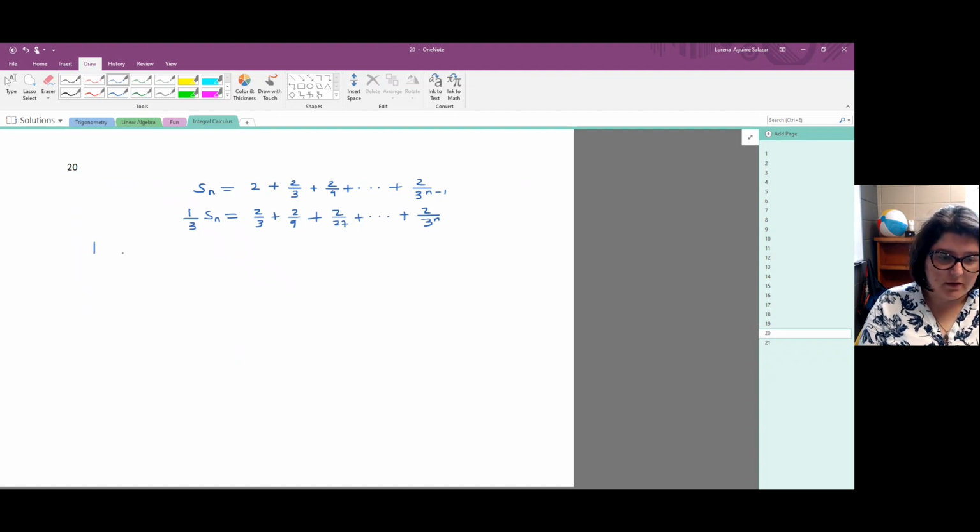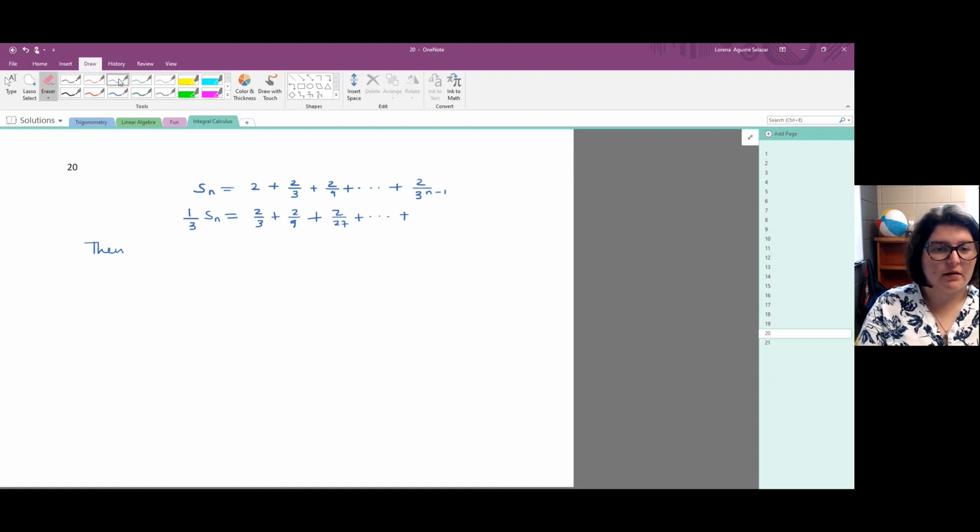Then we see many things in common between Sn and 1/3 of Sn. Notice that 2/3 shows up both in Sn and in 1/3 of Sn. Same with 2/9. Same with many terms.